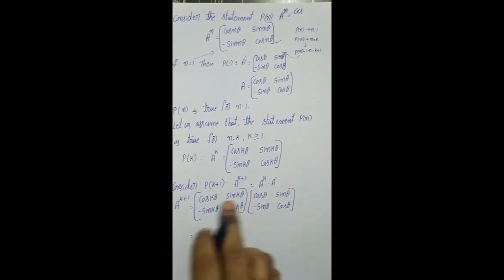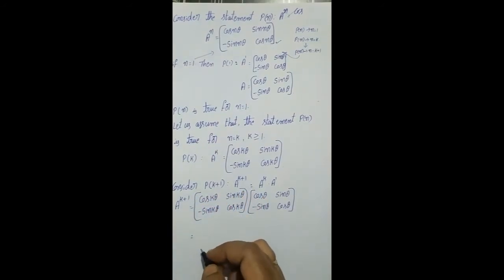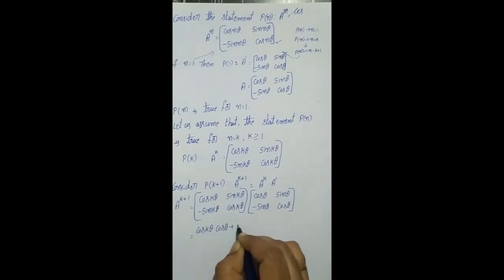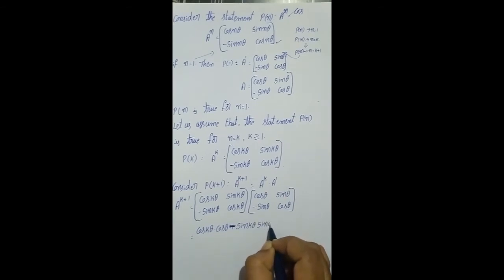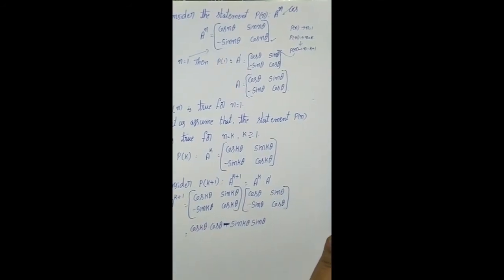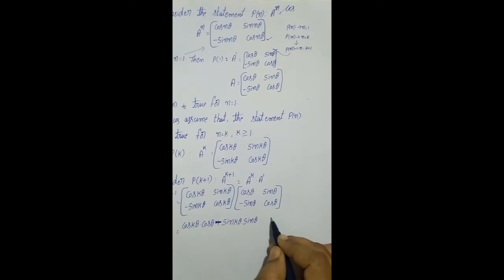That is, cos theta into cos k theta, plus minus sin k theta into sin theta; cos k theta into sin theta plus sin k theta into cos theta.